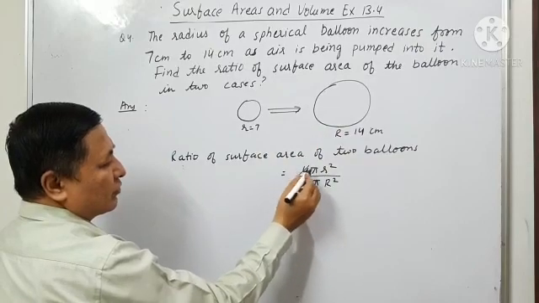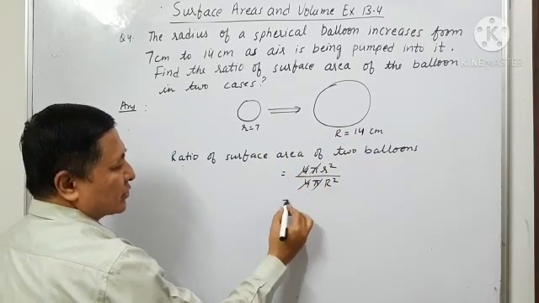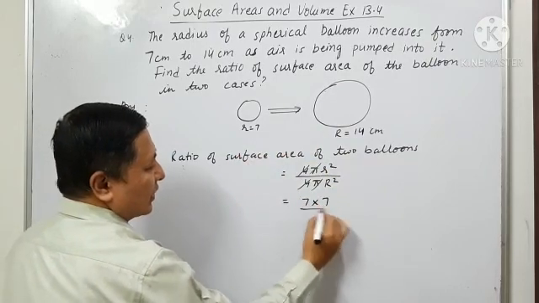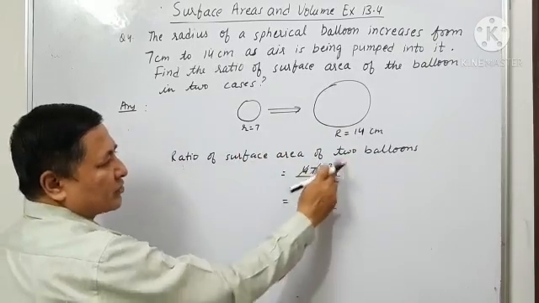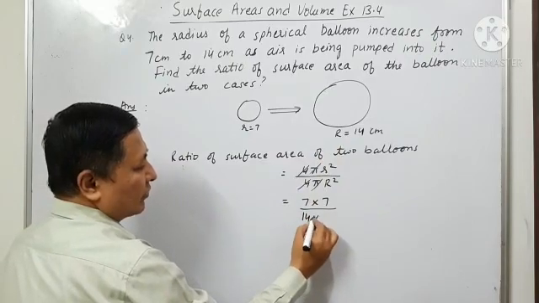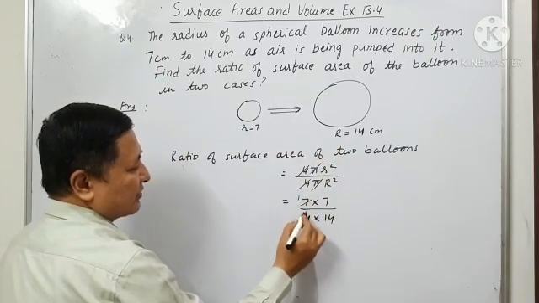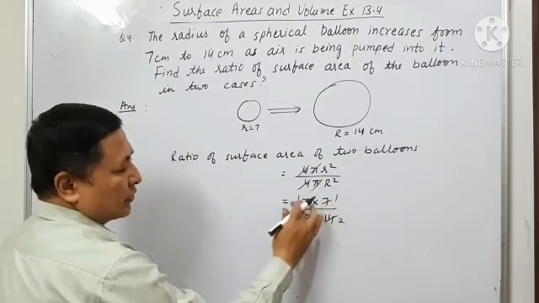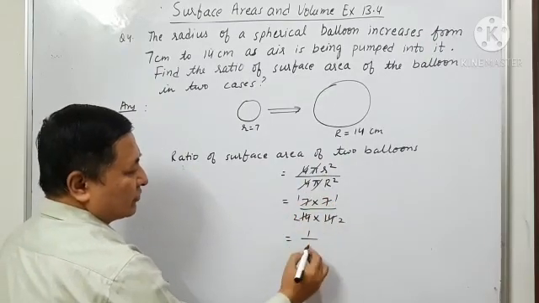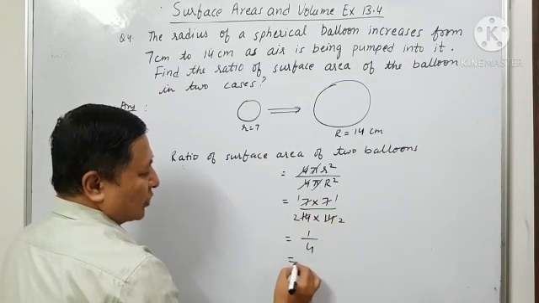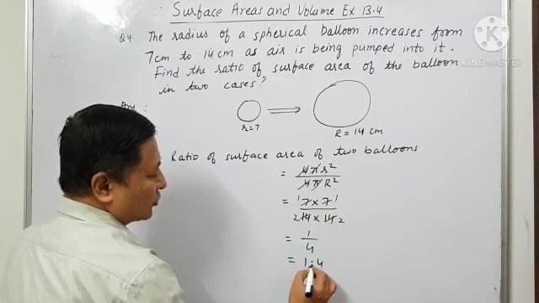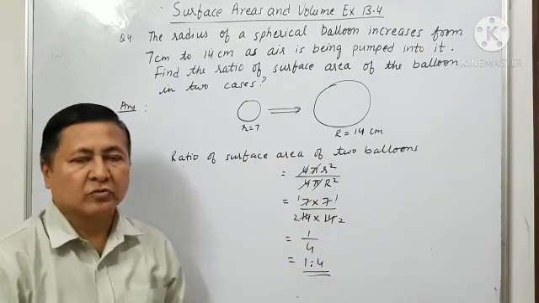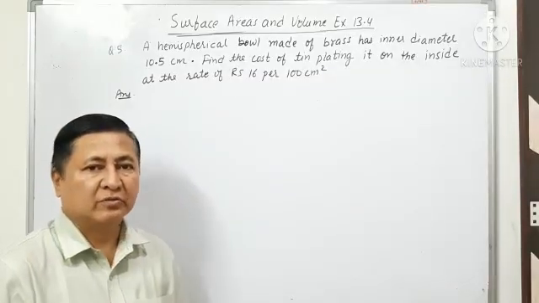Now 4 will cancel, pi will cancel, small r is 7, so it becomes 7 into 7 upon bigger R, which is 14 centimeter, so 14 into 14. So 7 ones are 7, 7 twos are 14. Here also the same thing. So 1 into 1 is 1, and 2 twos are 4. So the ratio is 1:4. So the ratio of the smaller and the bigger balloon is 1:4.